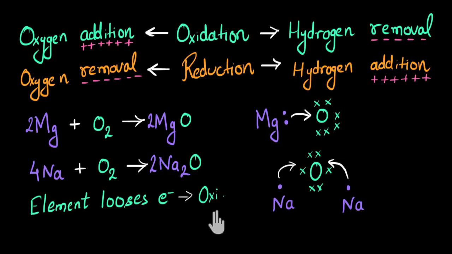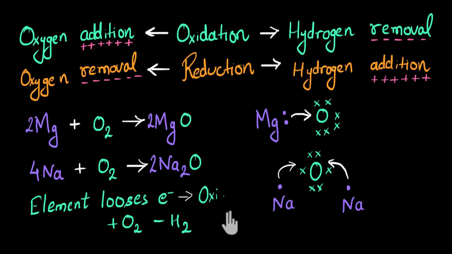So it turned out that whenever we add oxygen, the element loses electrons. Similarly, whenever hydrogen is removed, the element was losing electrons, so that is also termed oxidation. You could find something very similar for sulfur, for nitrogen, for other compounds also. But now you know why hydrogen came into the picture, or you have some idea at least.